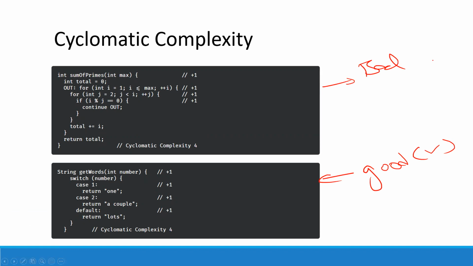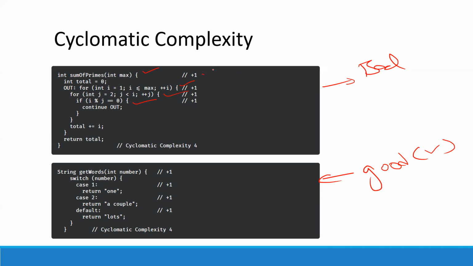But cyclomatic complexity is based on the number of paths through the code. For example, here one path started. Here another for loop started. There is another for loop started. And there is another if condition started. Correct? So 4 paths, one by one.